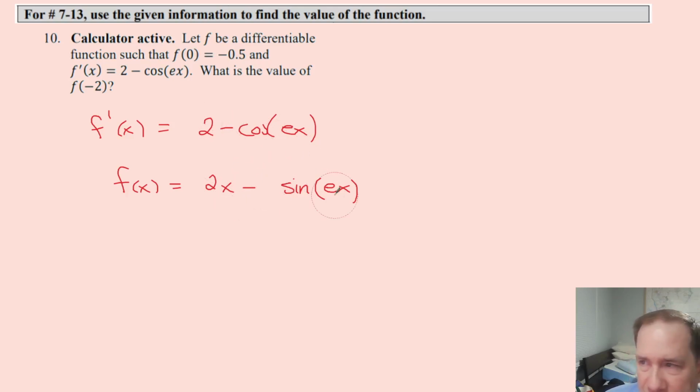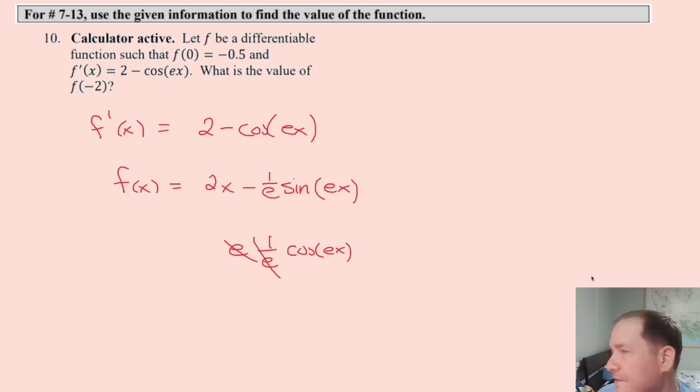There's no negative signs to worry about, but there is going to be a factor of e that pops out by chain rule. So we need to insert a 1 over e, so that when we differentiate this, it would become 1 over e times the cosine of e times x, then chain rule out a factor of e, which would cancel with that, and everything would be great. So there's our antiderivative. Except don't forget the plus c. So plus c.